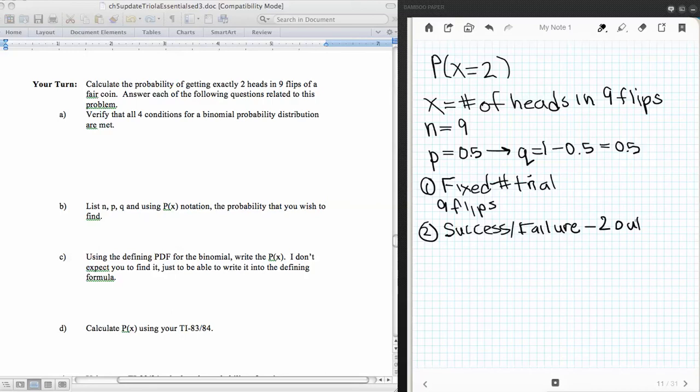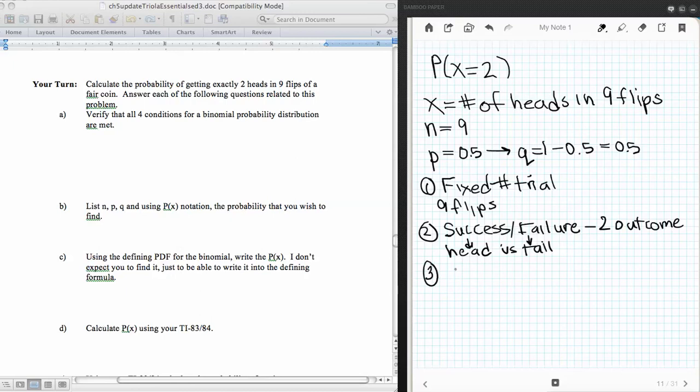The 2 outcomes here are a head versus a tail, and our success is a head.